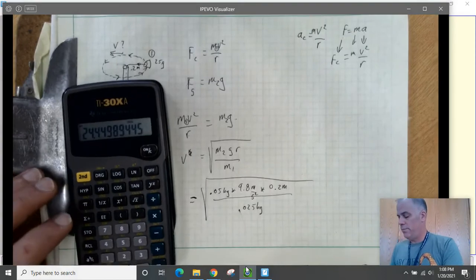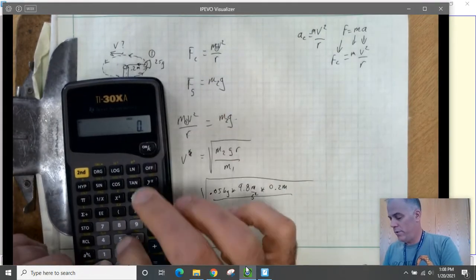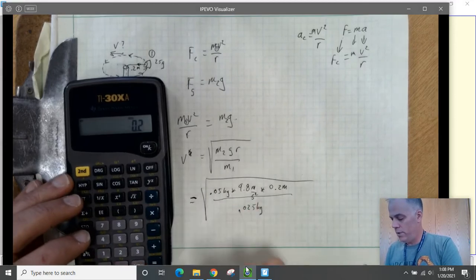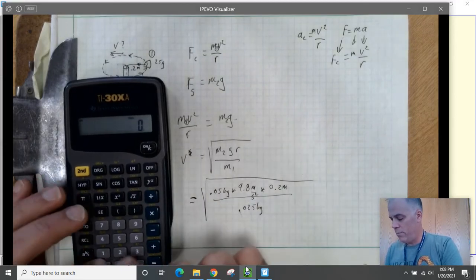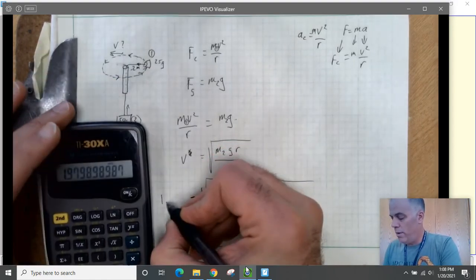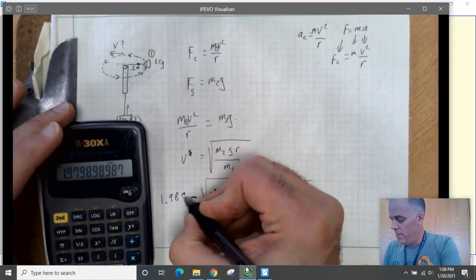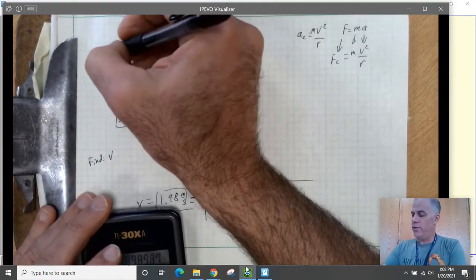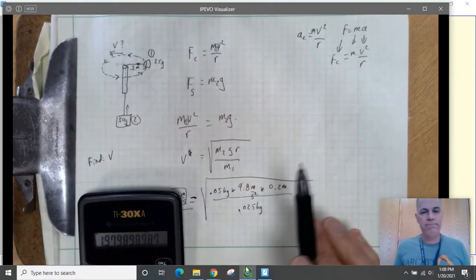And this comes out to be, let's see, 0.05 times 9.8 times 0.2 equals, then we're going to divide that by 0.025 and take the square root, and we get 1.98 meters per second is the speed, the tangential speed of the stopper.